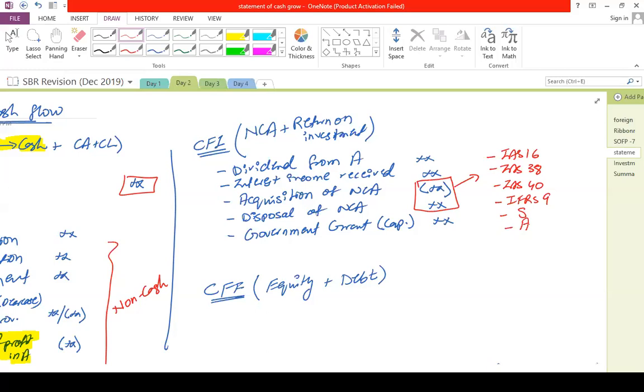So any non-current asset purchased or sold amongst these will be classified as an investing activity.